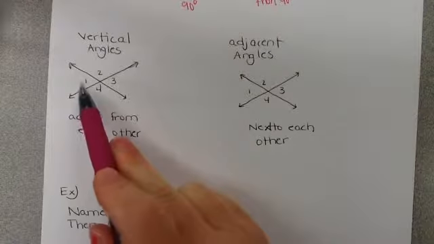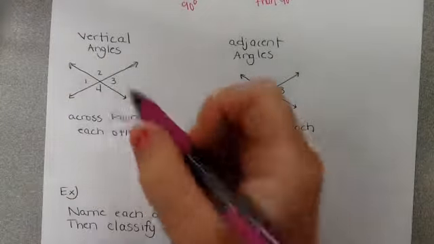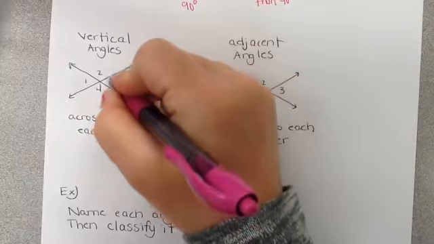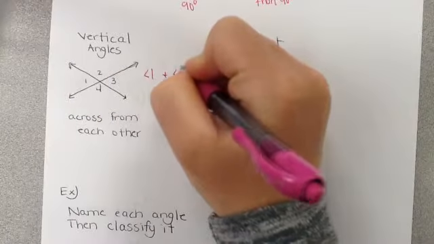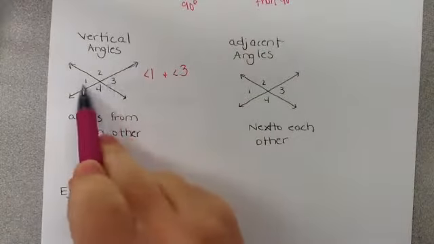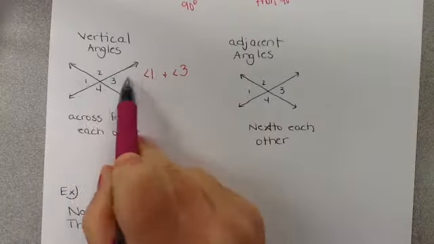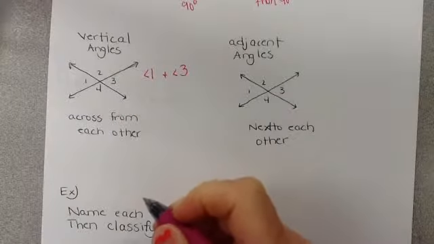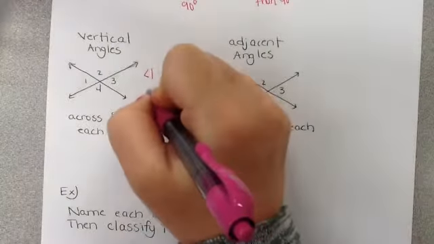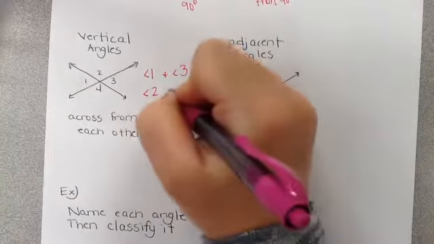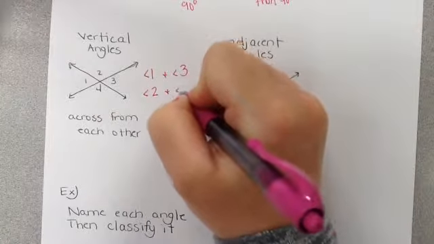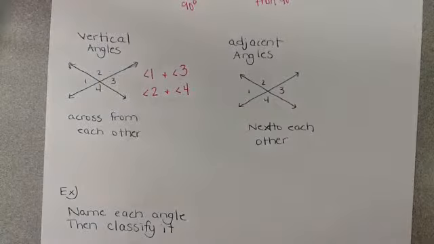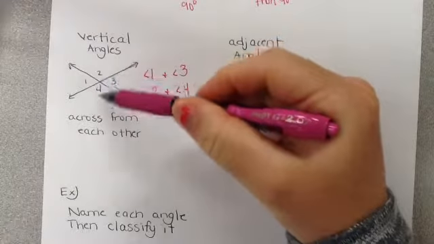Vertical angles are across from one another. So angle 1 and angle 3. They are across from each other. Those are vertical angles. Name another pair. Angle 2 and angle 4. They are also across from one another.